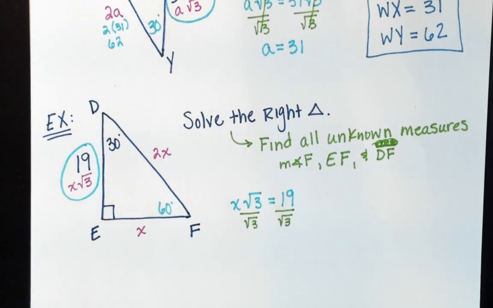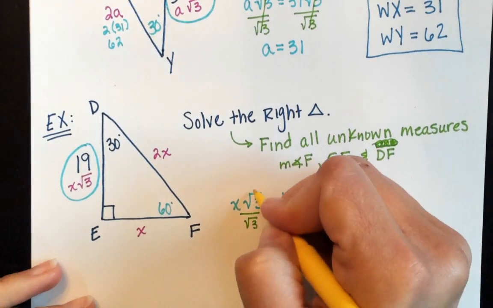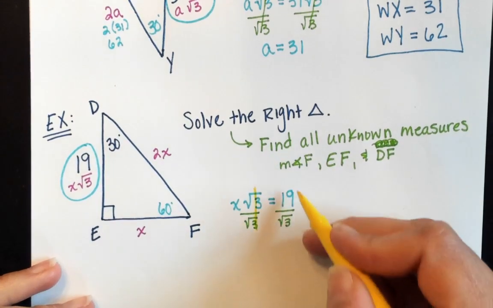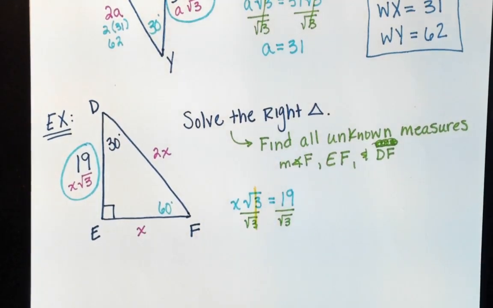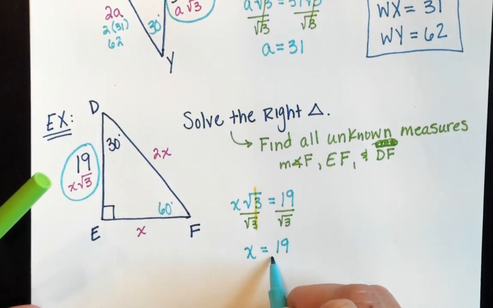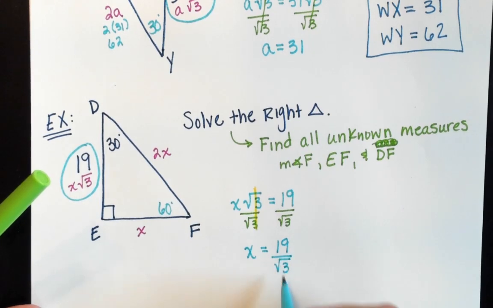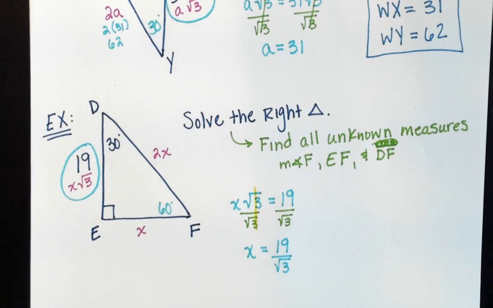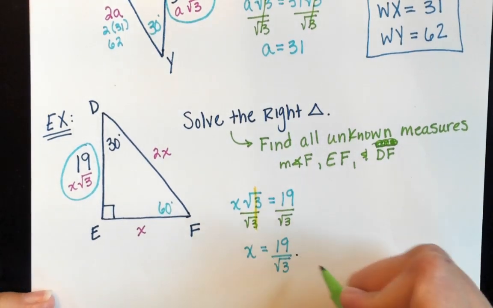And this time, it cancels here, but it doesn't cancel here. So we're left with this answer where we have a radical in the denominator, and we know that that's not appropriate. So because it's going to be our final answer, we need to rationalize.